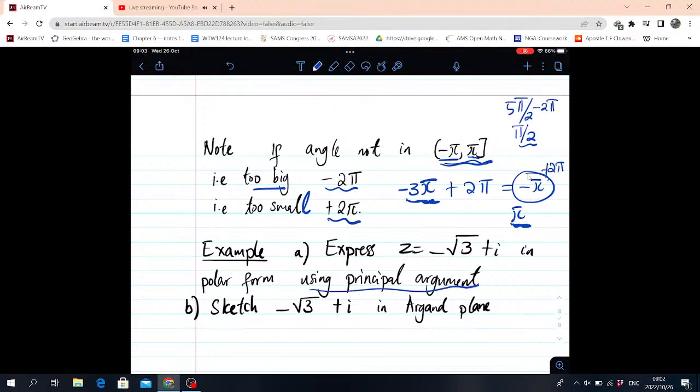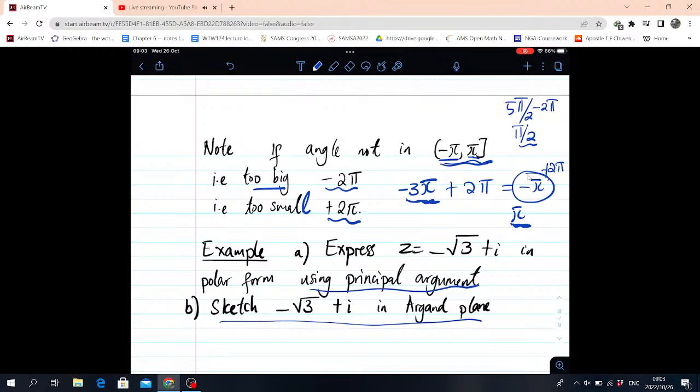So whatever arguments we get, we want the unique one, the principal argument. And then we also want to sketch this in an Argand plane. So let's look at that.